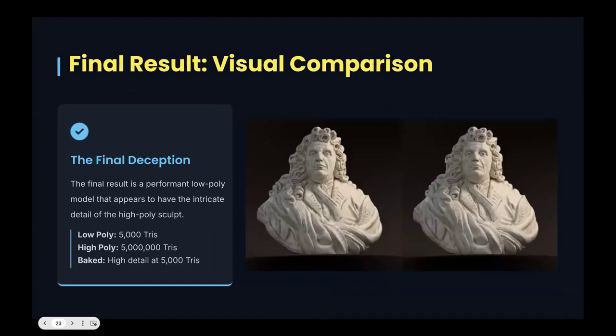So yeah, in this example, you have one model that is less detailed than the other one, but the reason they look alike is that one has a normal map, and it's like a trick.